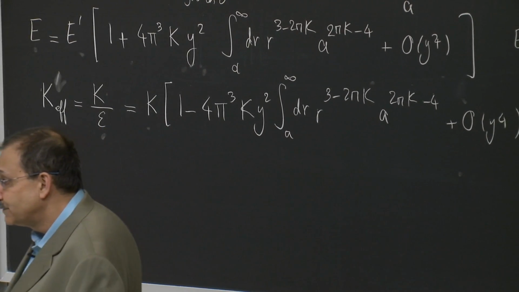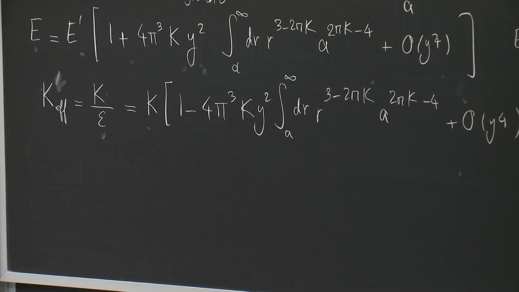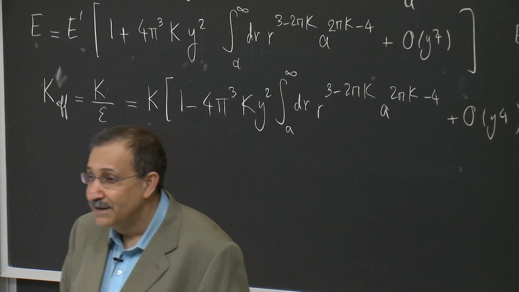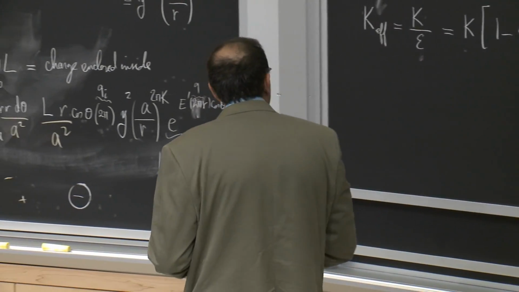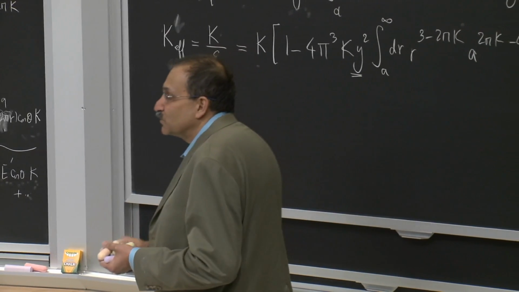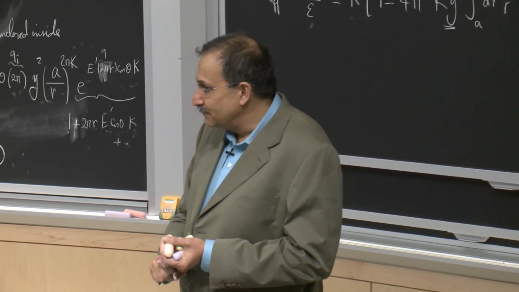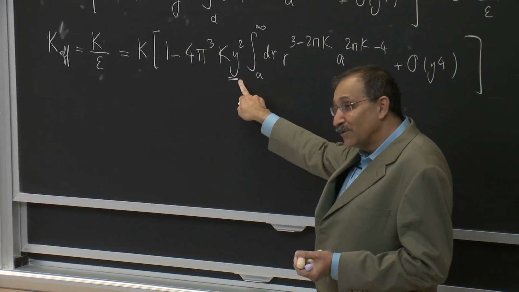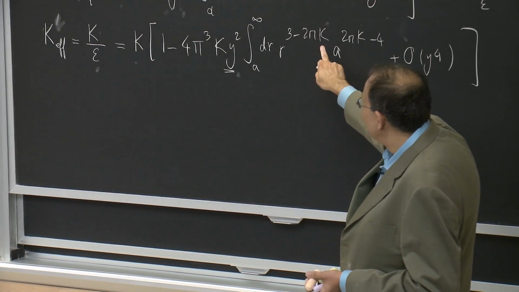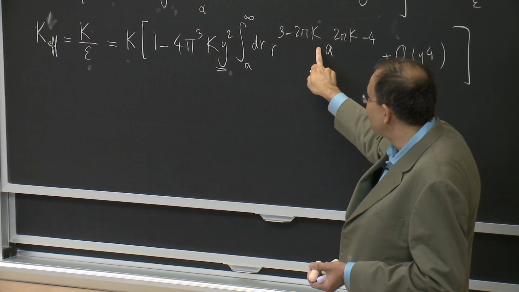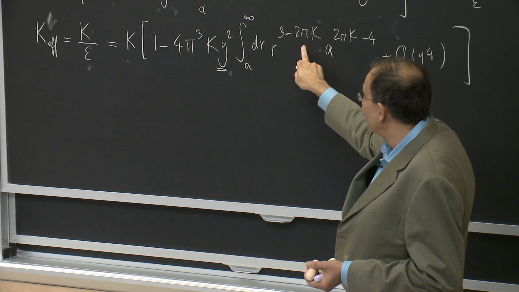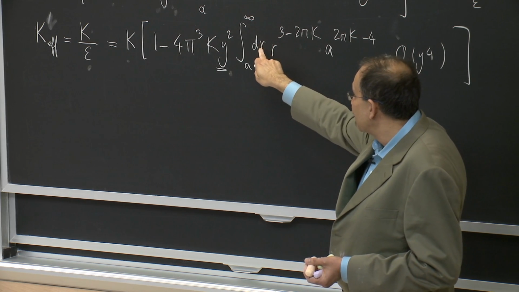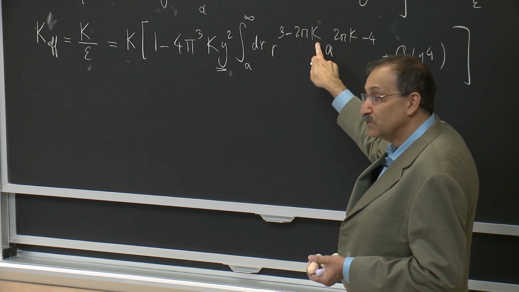Yes? What if k is too small and then that integral? Aha, good. Because I framed the entire thing as if I'm doing a perturbation theory in y being a small parameter. Okay? But now we see that no matter how small y is, if k is in fact less than 2 over pi, so this has dimensions of r to the 4 minus 2 pi k.